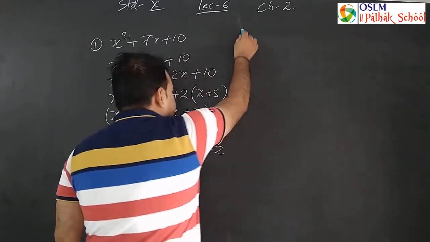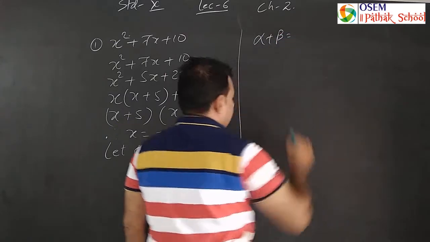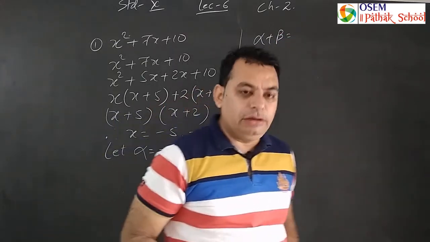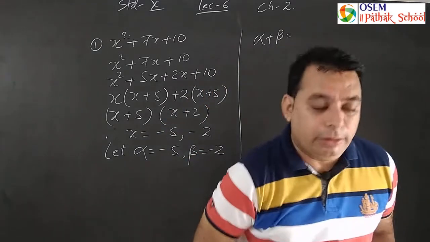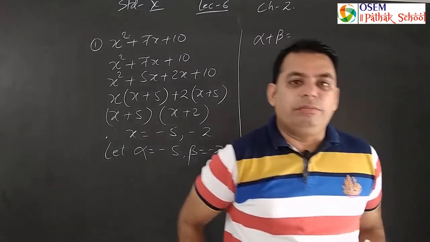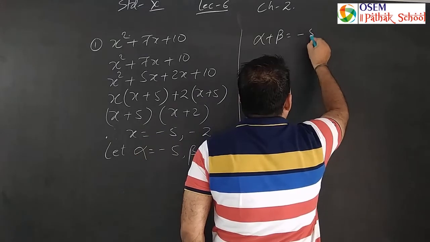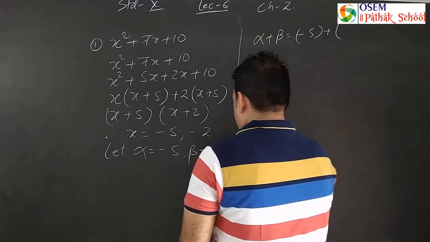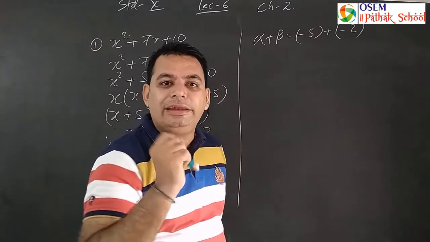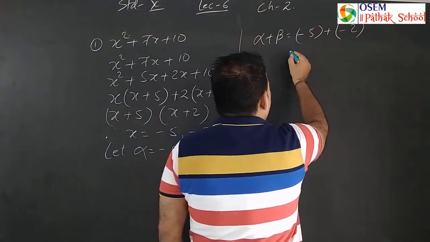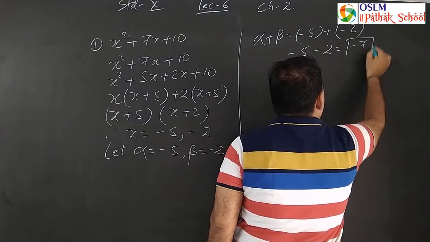So now we are doing alpha plus beta, that is minus 5 plus minus 2. I have just written down the alpha and the beta. It will be minus 5 minus 2, that will be minus 7.